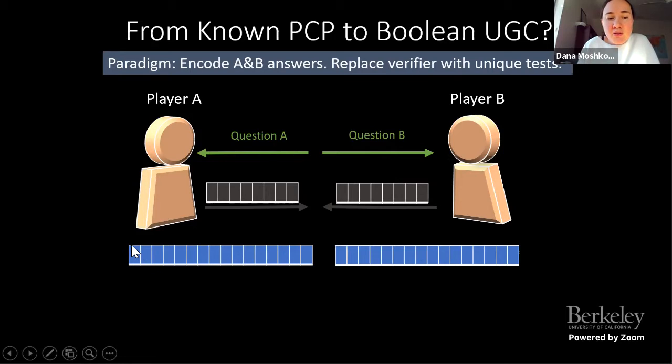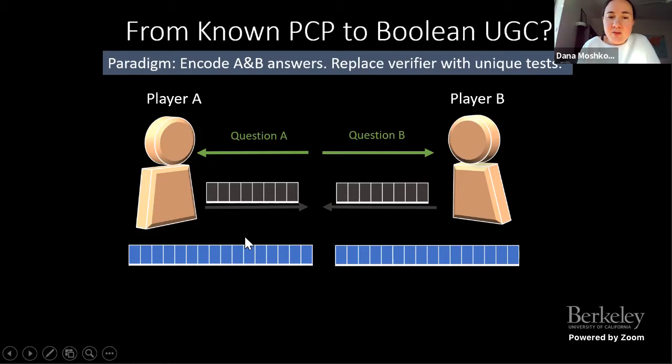You should think of our new variables as those bits in the encoding. So you have those variables for all possible questions to the players. These are going to be your variables in the unique game, or in whatever you're trying to prove hardness of approximation for. And what you'll do is try to simulate the test that the verifier wants to do, maybe the test here or the test here, by unique tests on those Boolean variables.